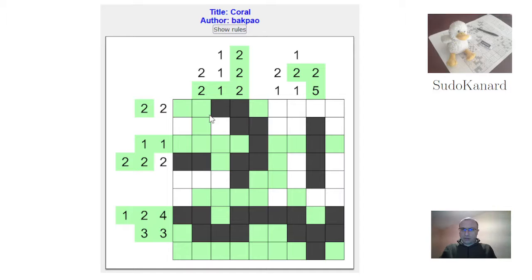2x2, that's a 2, 2x2, and the third one is here. Because of the checkerboard pattern, this must be shaded, this has to be unshaded, this has to be unshaded, this also.